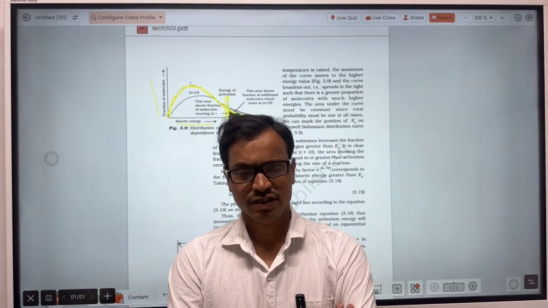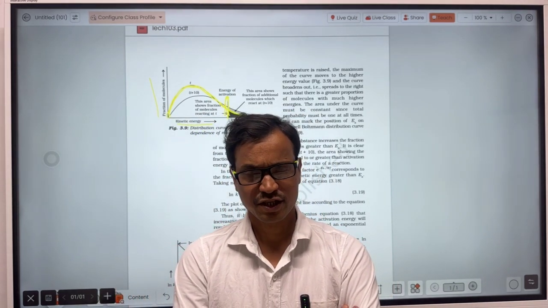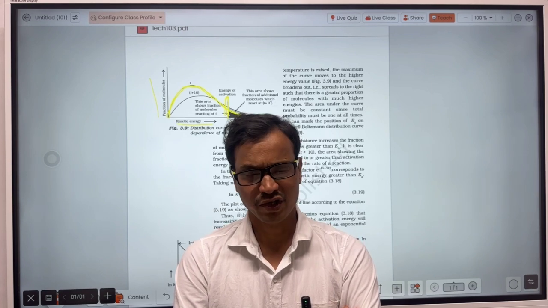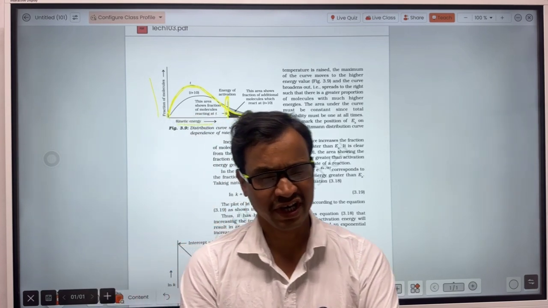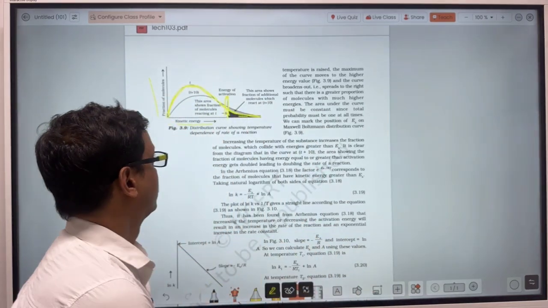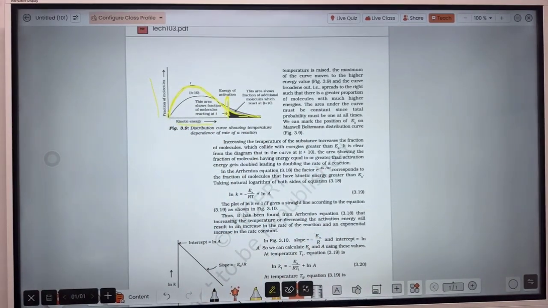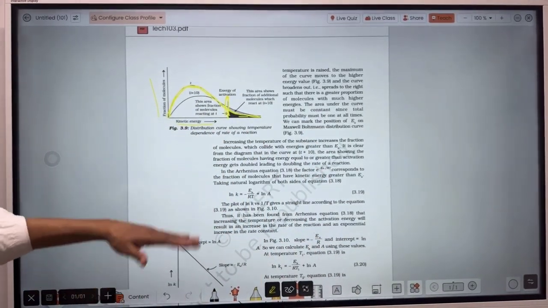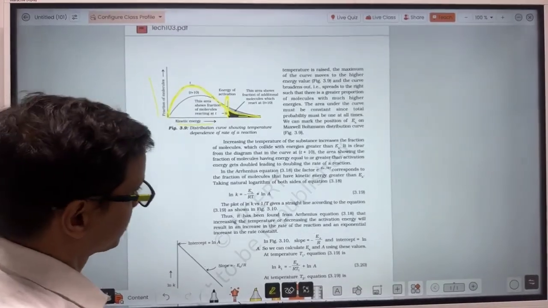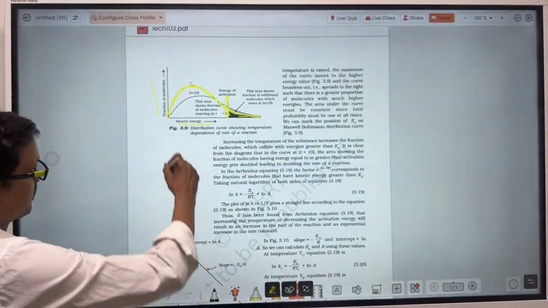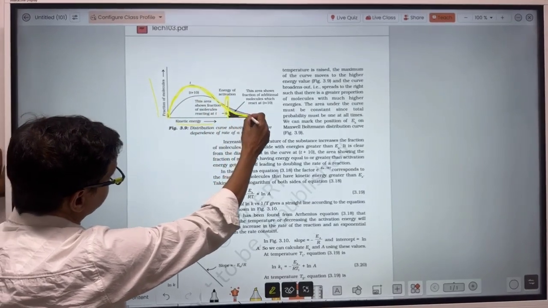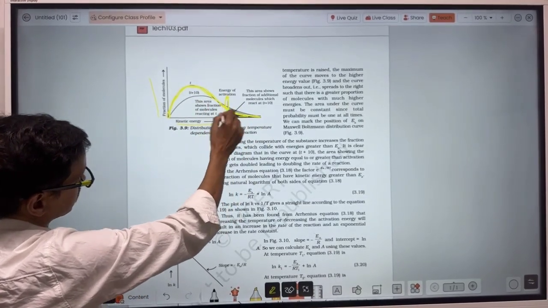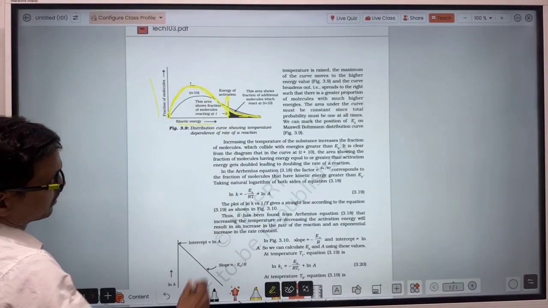On increasing the temperature, the rate of reaction increases because the number of molecules having energy equal to or greater than activation energy increases. That's why on increasing the temperature, the rate of reaction increases. So in this case, this is the graph of fraction of molecules and their kinetic energy.